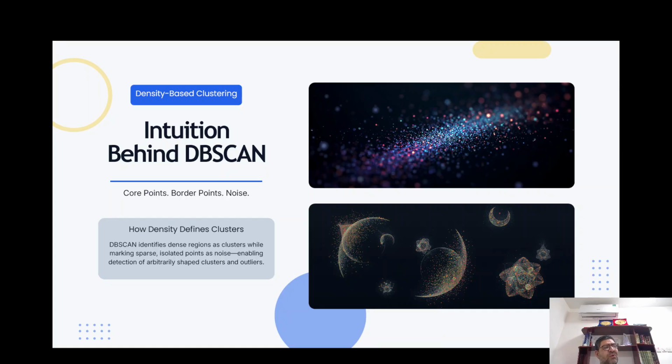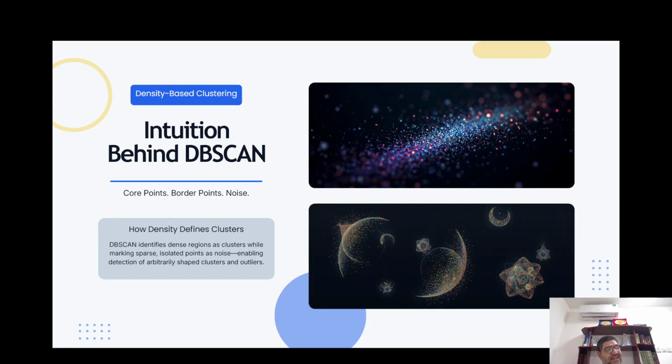And what is the core intuition behind DBSCAN? In fact, the core intuition behind DBSCAN is that there are 3 things. One is called core points, one is called border points, and one is called noise. How density defines clusters: DBSCAN identifies dense regions as clusters. We are coming back to these core points and border points, and I'm going to give you an explanation of this in the next slide.